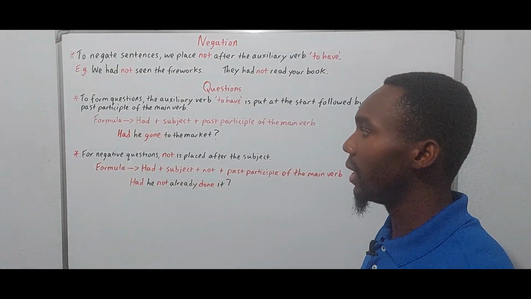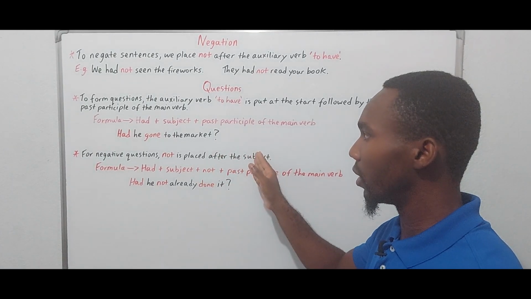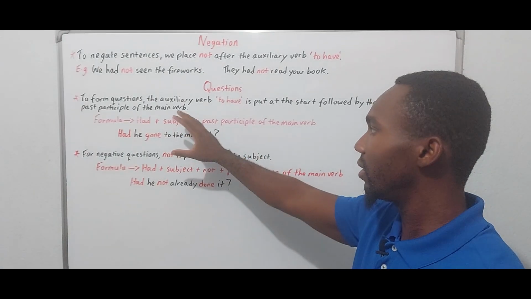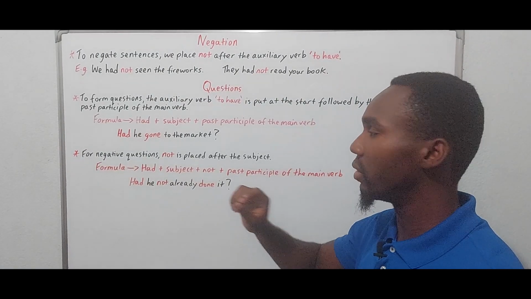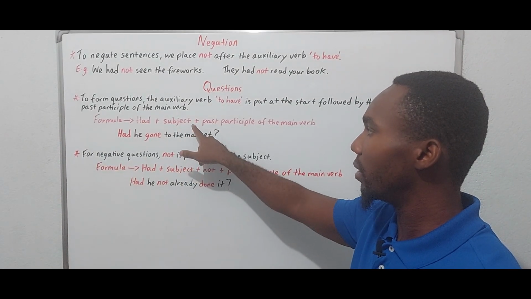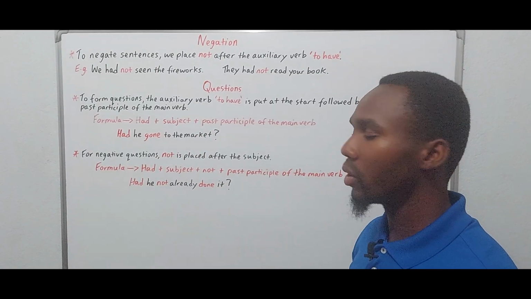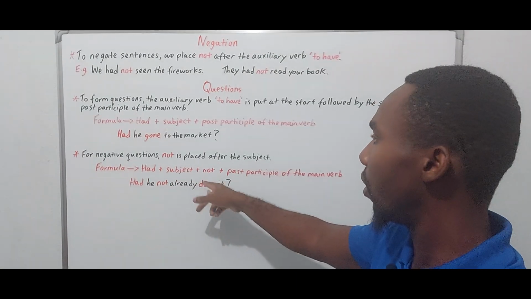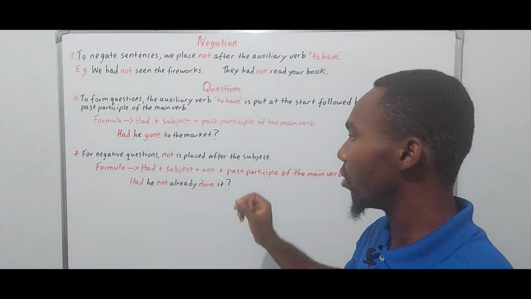If you want to form a negative question, not is placed after the subject, okay? So it will basically be this exact formula, but the only difference is that not will be placed between the subject and the past participle. Therefore, had, subject, not, past participle of the main verb. Had he not already done it?